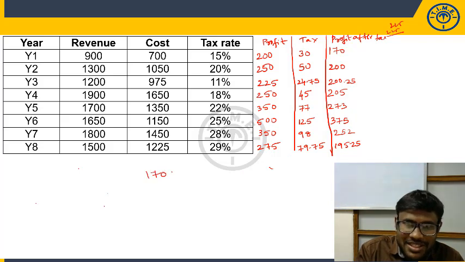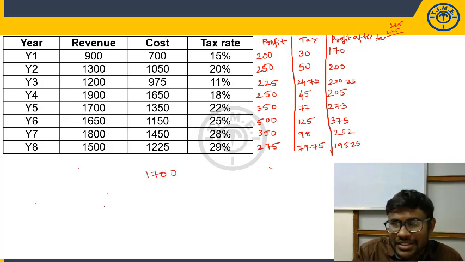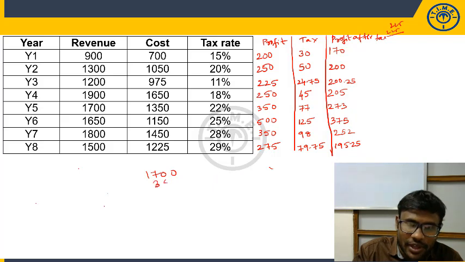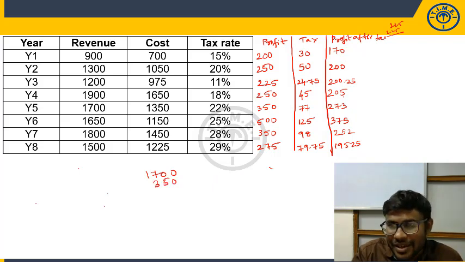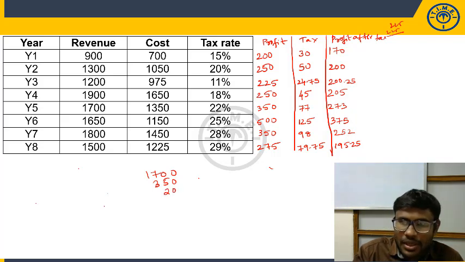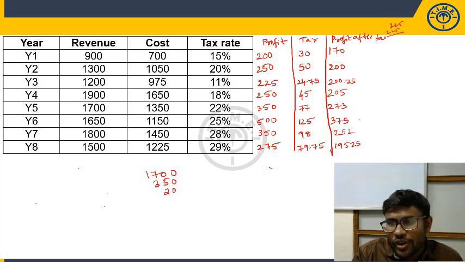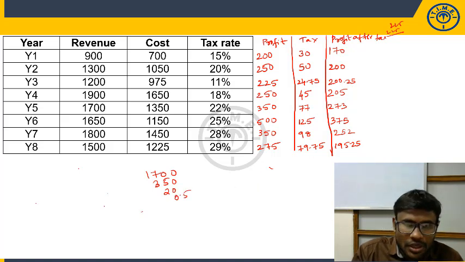So it is 1700, and 7 plus 7 14 plus 7 21 plus 5 26 plus 9 35, that is 350, plus 5 plus 3 8 plus 5 13 plus 2 15 plus 5 20 and 0.25 plus 0.25, that is 0.5.